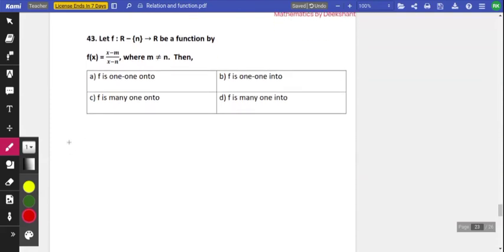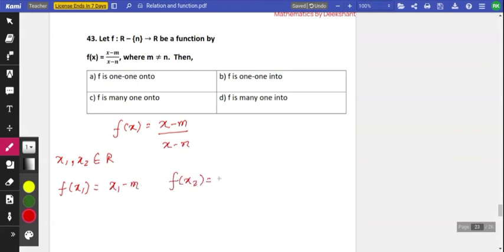Again, you have to check whether the given function is 1-1 or onto. The given function is f(x) is equal to (x minus m) upon (x minus n). For the given function to be 1-1, let us check for x1, x2 belonging to relation R. f(x1) is equal to (x1 minus m) upon (x1 minus n), f(x2) is equal to (x2 minus m) upon (x2 minus n).